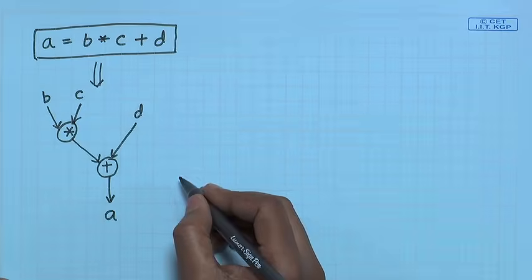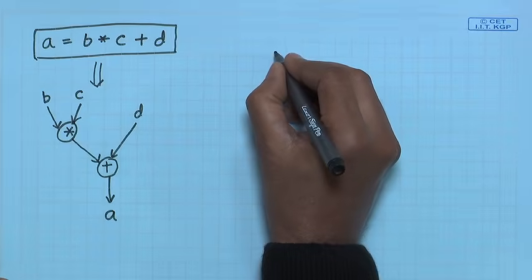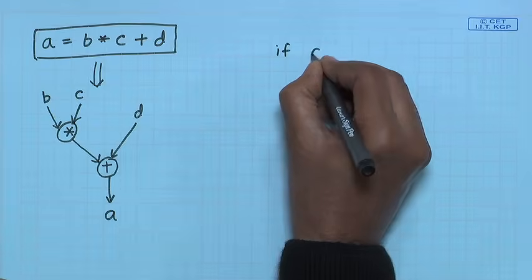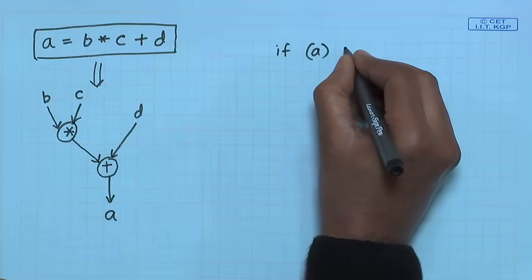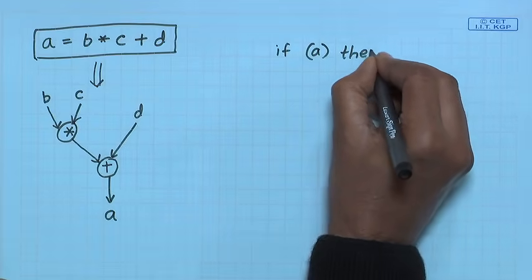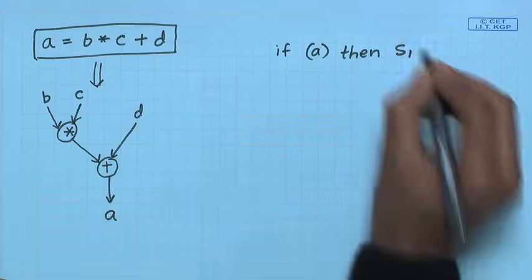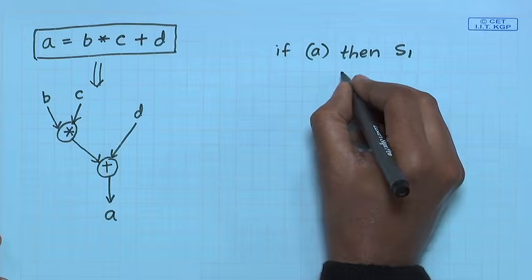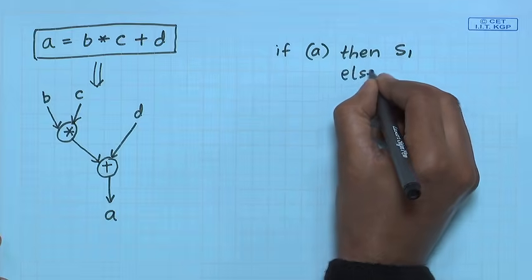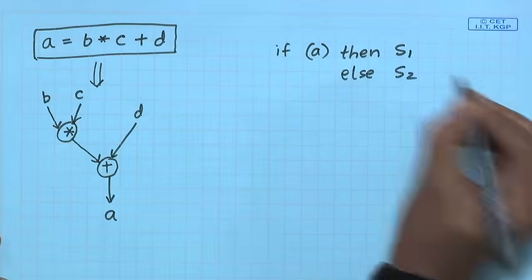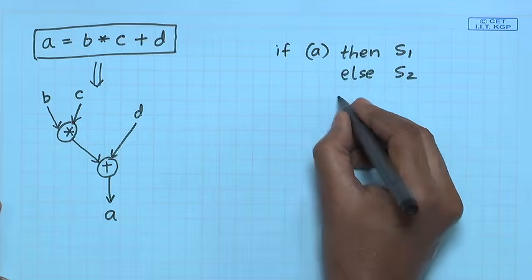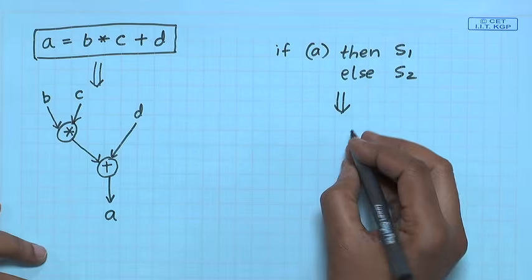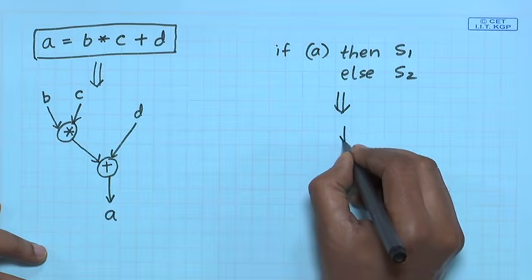This is one example. Suppose I have another example like this: if some condition is true, then you carry out some step or a set of steps S1, else carry out S2. Again this can be translated into a data flow graph, which can be modeled like this.